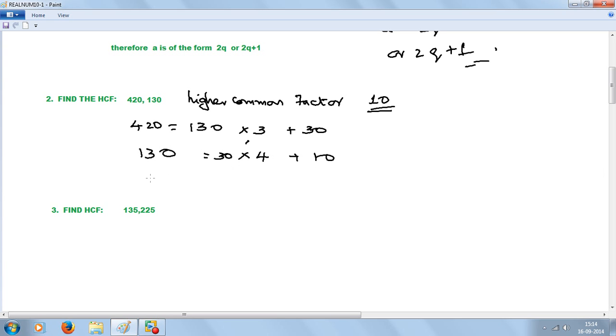Again, 30 is equal to 10 multiplied by 3 plus 0. So now this 10 is the highest common factor by Euclid's algorithm.